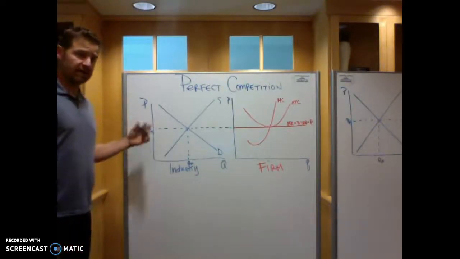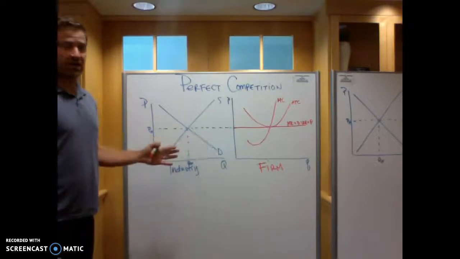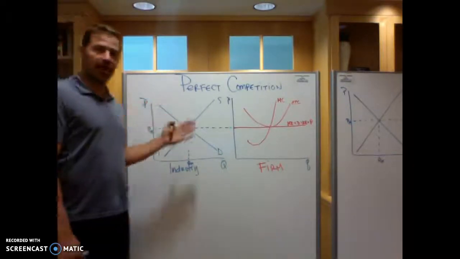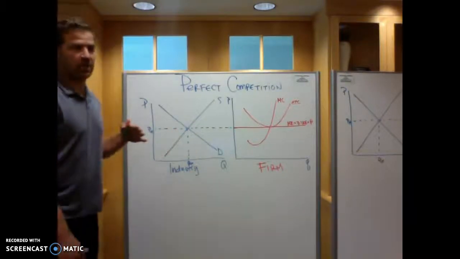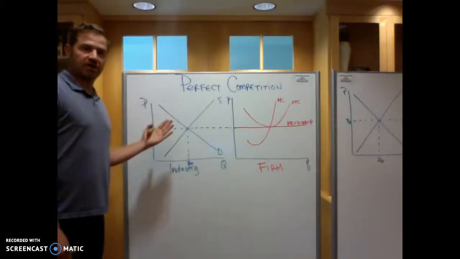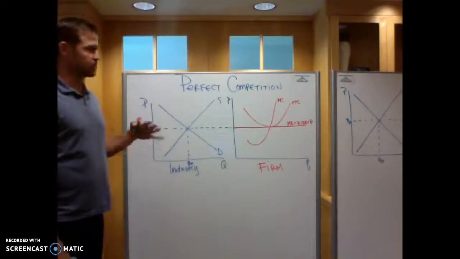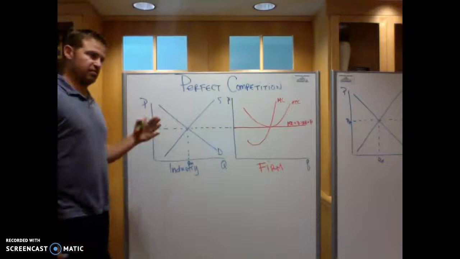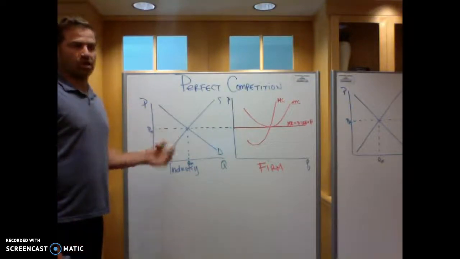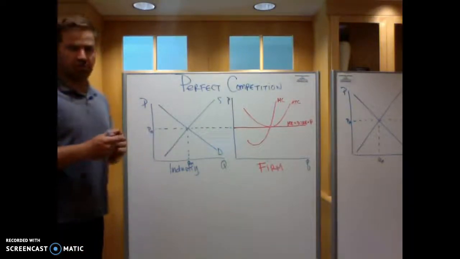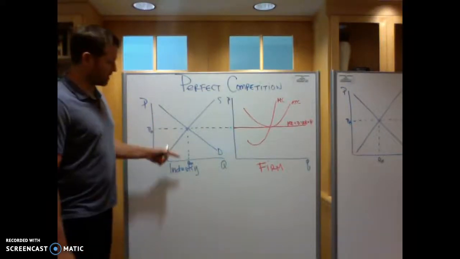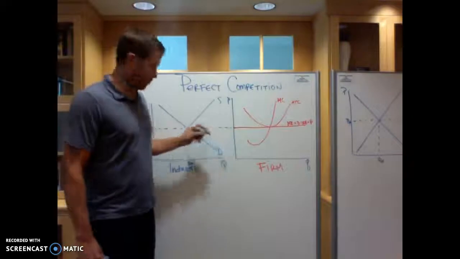So remember, the whole idea is that these firms don't have any choice other than to take the market price. They don't have any market power. They don't have any way to make people think that their product is somehow different than the other products. It's just buying a bushel of corn, buying the soybeans in mass quantities that go into our food, etc. So they take this market price and you move it directly over.